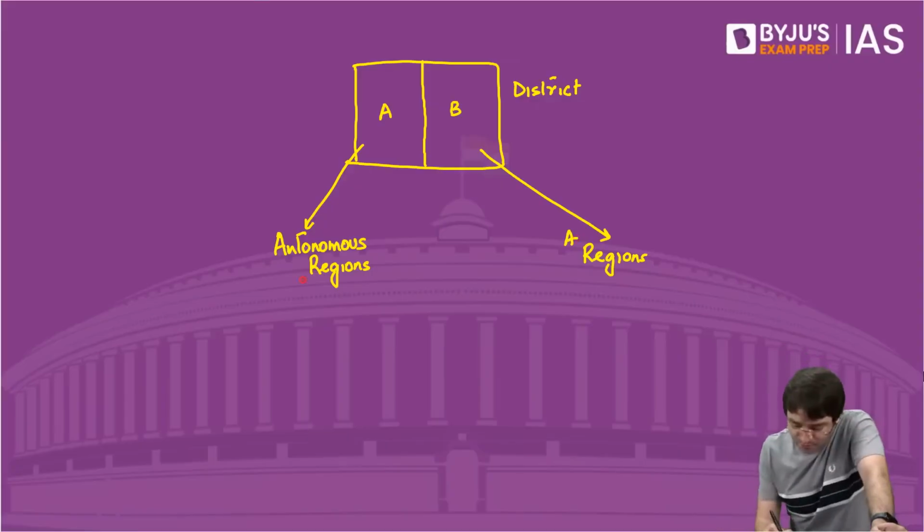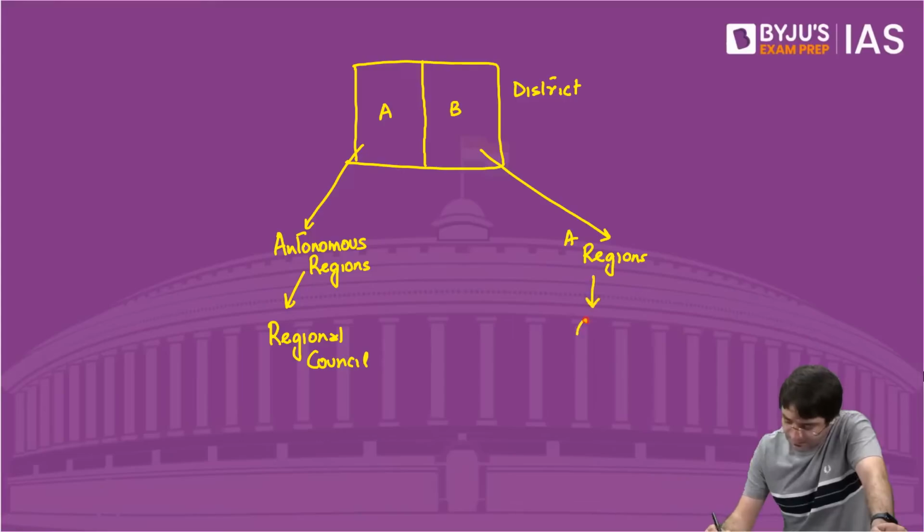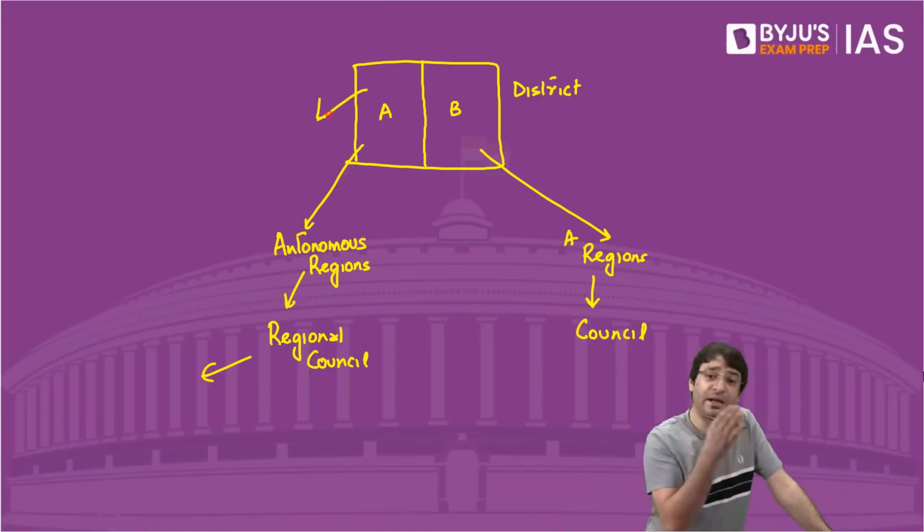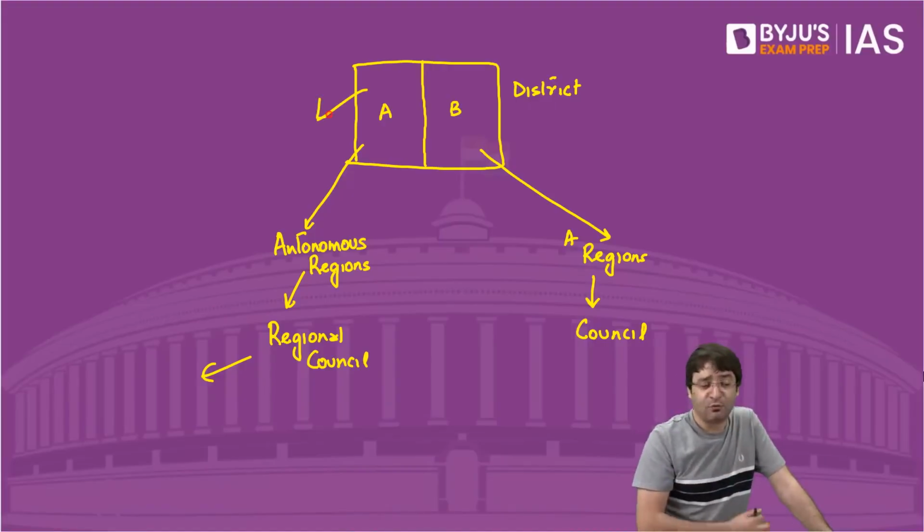And these autonomous regions are given a regional council. And in this regional council, people of this area will directly elect their members. And they will decide then what sort of laws should be implemented here, what sort of justice should be given there.